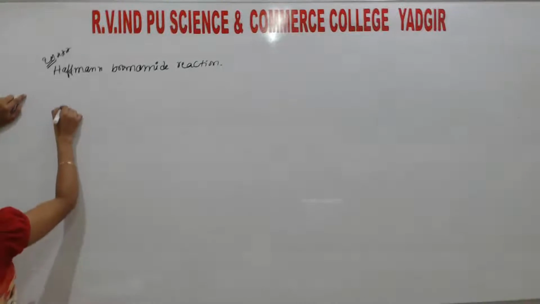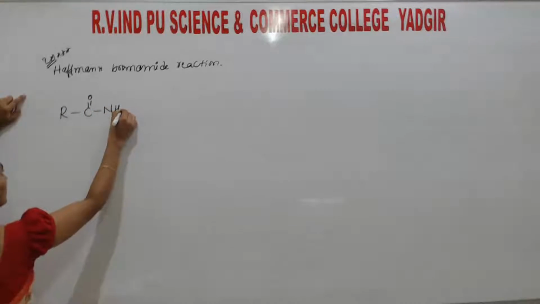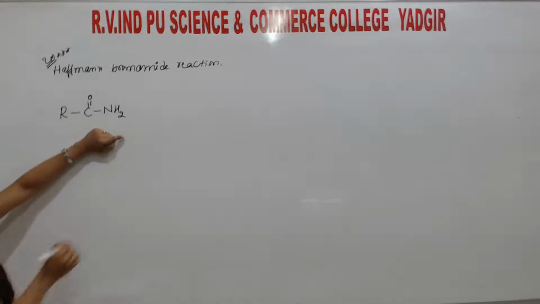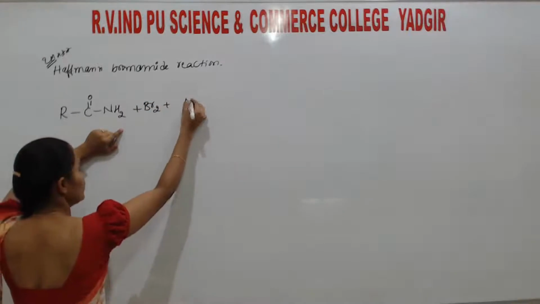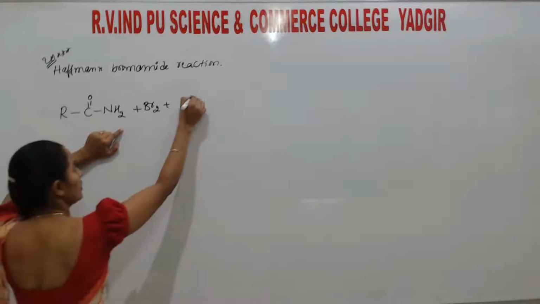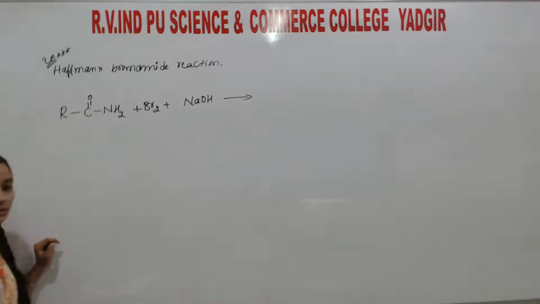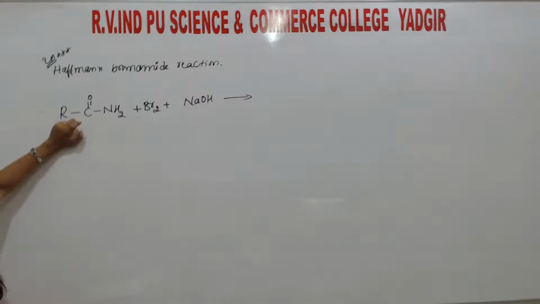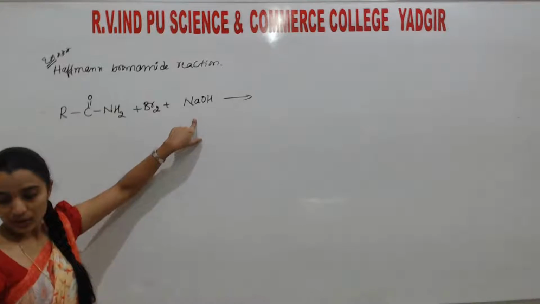So we are considering amide here. Okay, so this amide is treated with bromine and NaOH, alkaline bromine. Often this amide is treated with bromine in presence of NaOH.